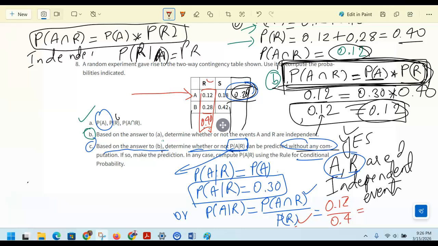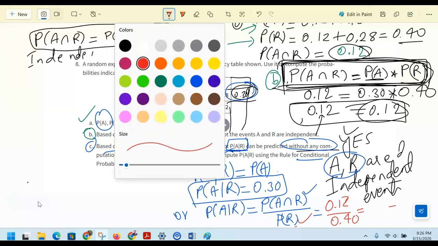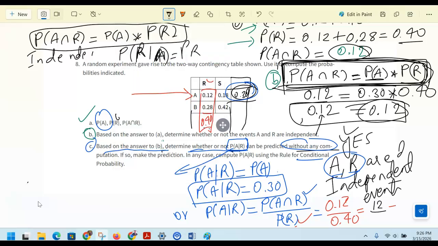And if you do the little maths there, it is 0.12 out of 0.40. The calculator does the job, but I was trying to do it without the calculator: 12 out of 40, which is the same as 1.2 divided by 4, and that is 0.3.